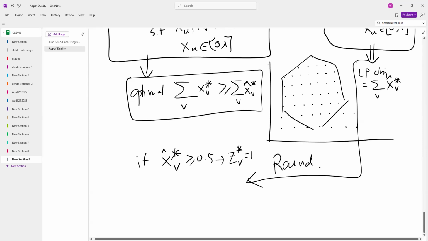And if x_v star is less than 0.5, then z_v equals 0.